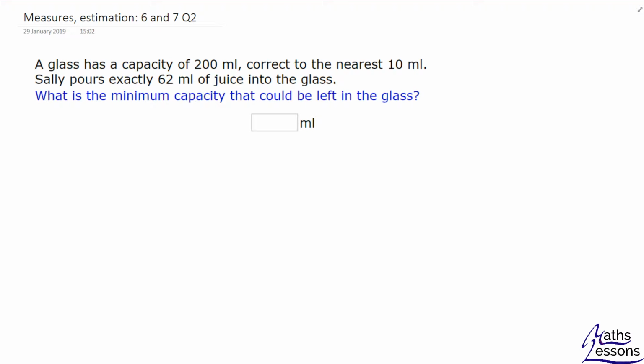Right, so on to this one. A glass has a capacity of 200 millilitres, measured to the nearest 10 millilitres.